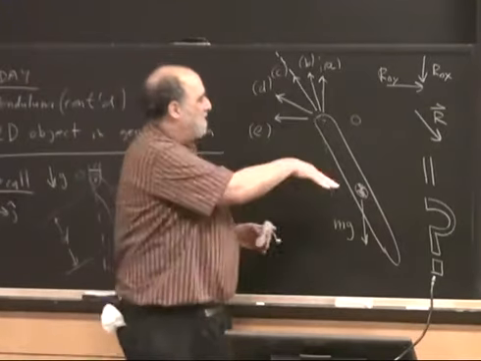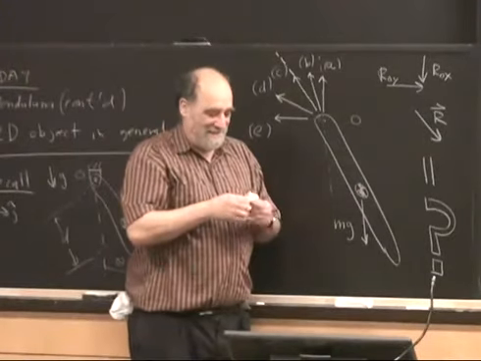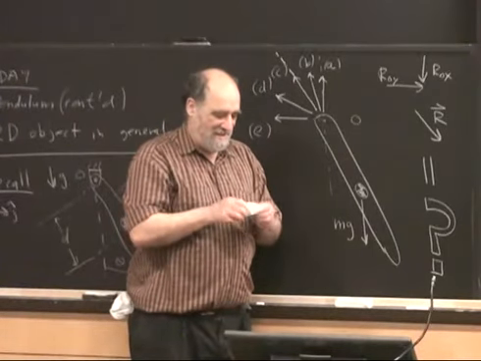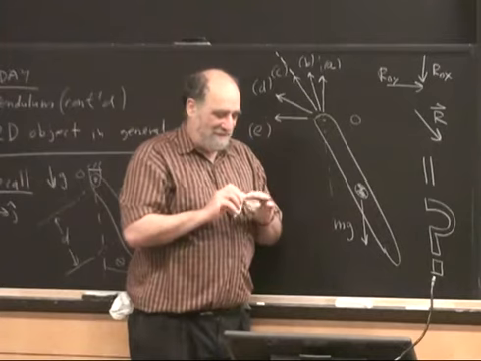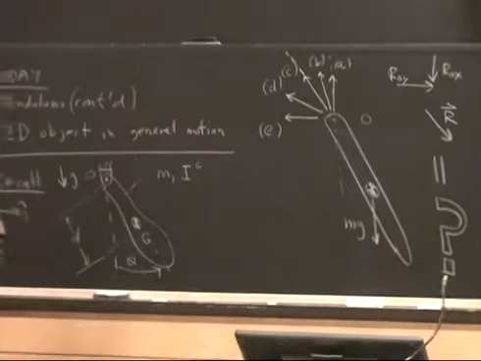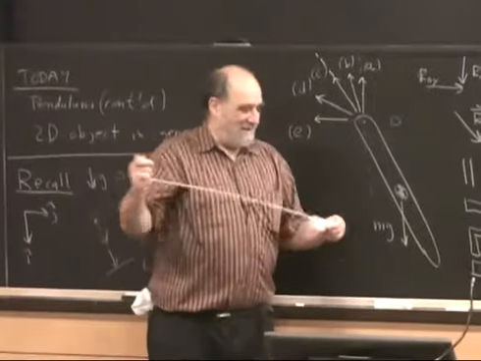If it's in that position, it's going to want to rotate that way. What do you mean by "want to"? It's like it's got feelings. If you started at that position, you could calculate it out.